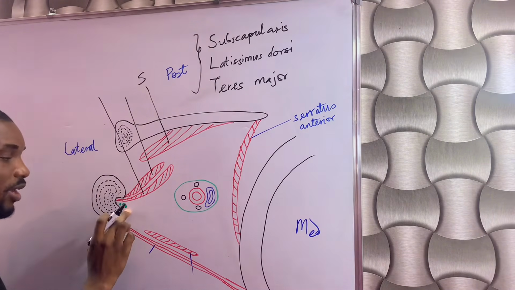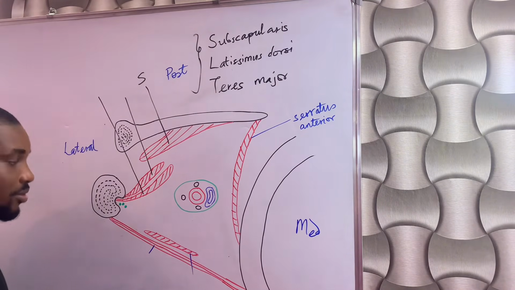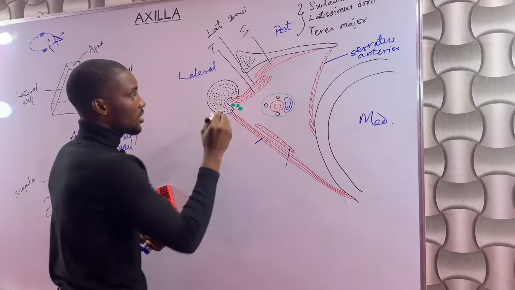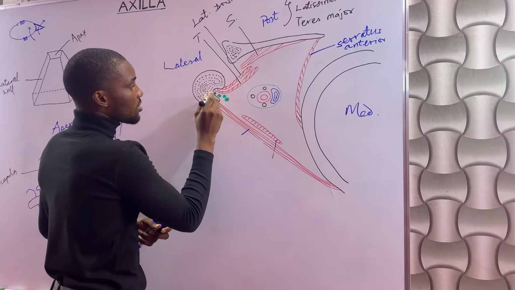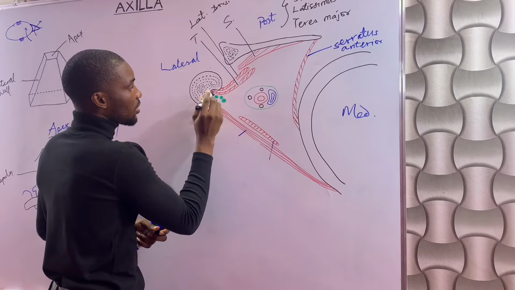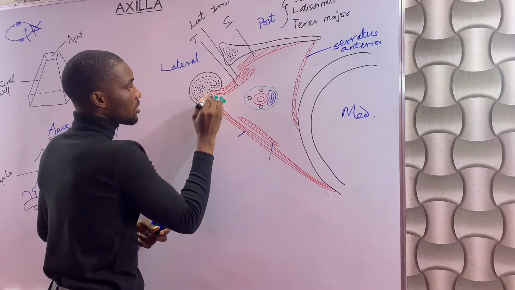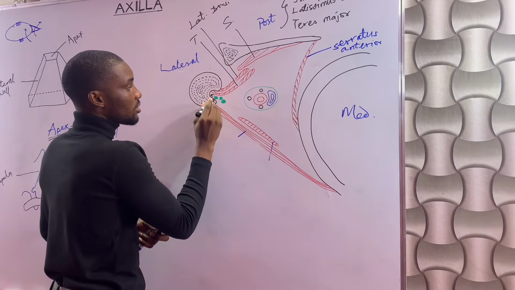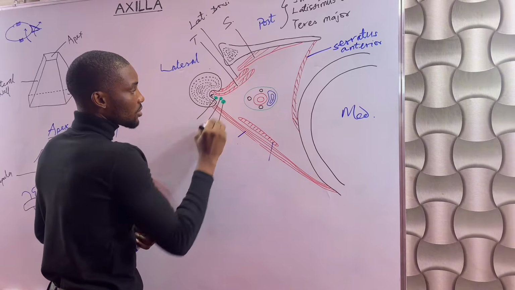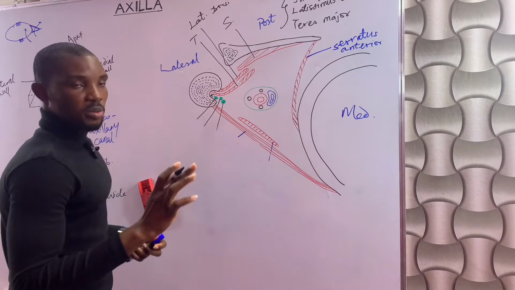Now let's move over to the lateral boundary. The lateral wall consists basically of this area over here. Okay, let me mark it X. This area over here, then these three tendons. That's what makes up the lateral wall.